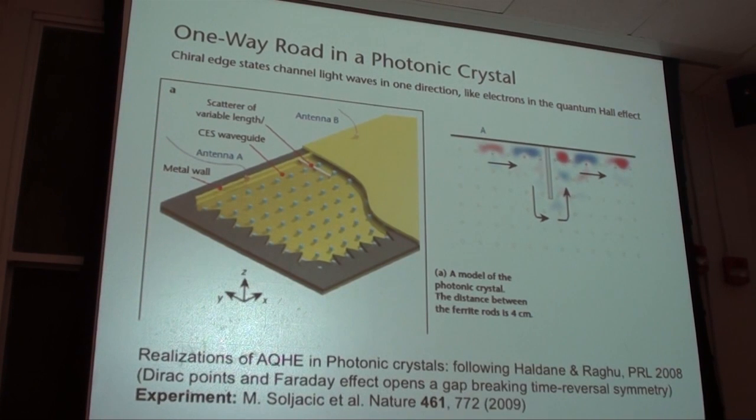We can have a new state of matter like here. So this came a few years ago and was based on this very nice idea by Duncan Haldane and Raghu. The idea is that you heard about this beautiful state of matter that we call the quantum Hall effect.